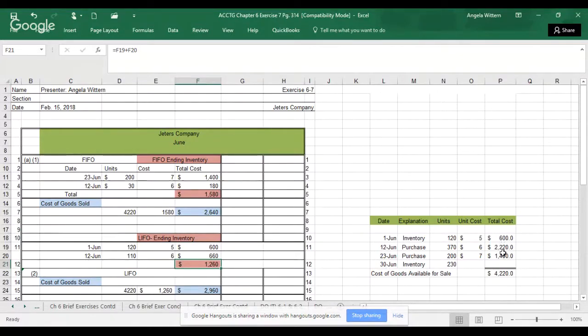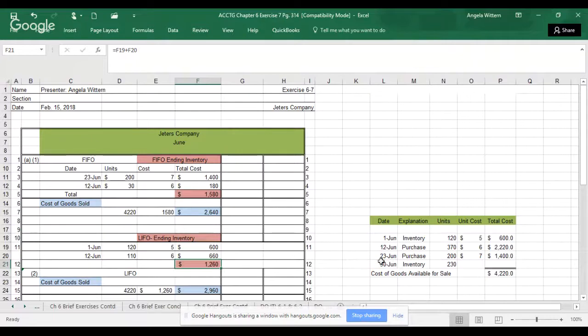So I went ahead and added up the total cost at $4,220 so that we would have that for easy reference. I will begin with our FIFO, first in, first out. So our ending inventory then will be the last purchases.